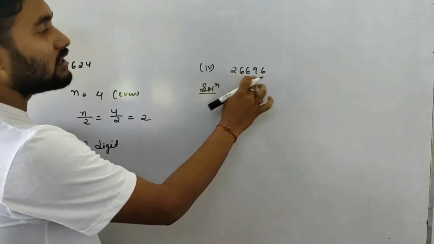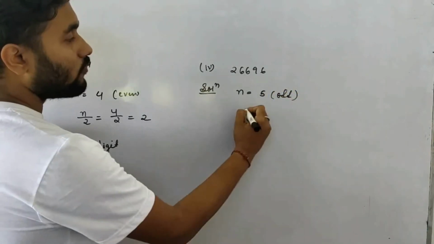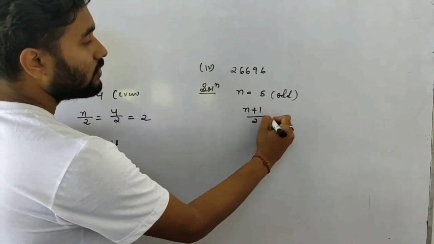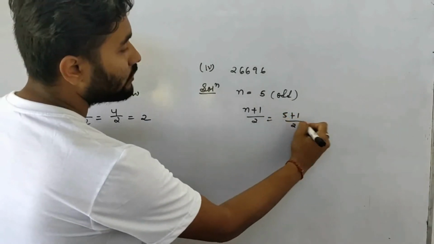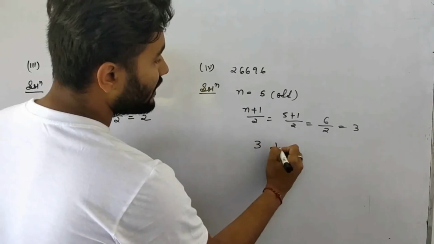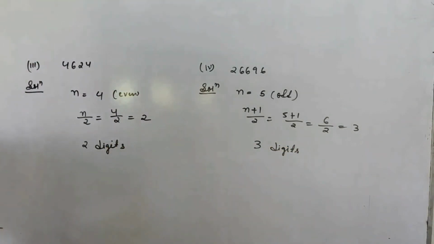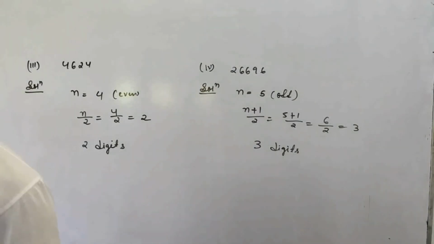How many digits? 1, 2, 3, 4, 5. 5 is odd. So odd formula (n plus 1) by 2. That is (5 plus 1) by 2. That is 6 by 2. That is 3. So how many digits? 3 digits. For 3 digits, plural, so put an s.